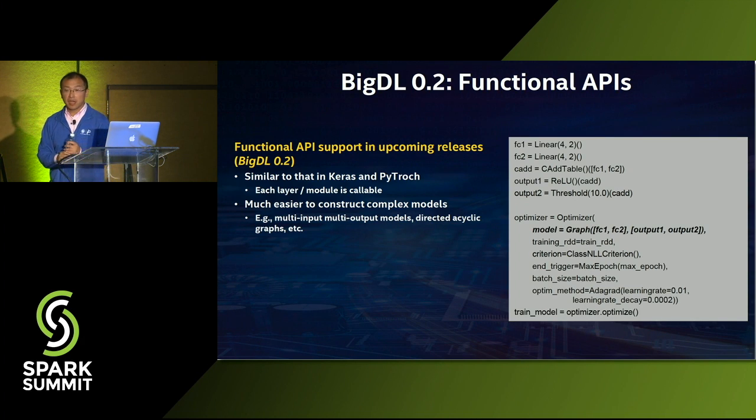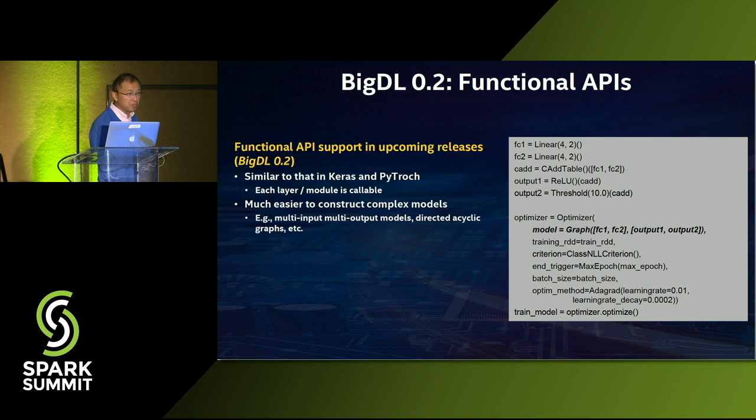As I mentioned before, we are currently working on BigDL 0.2, which will be our next major release. It will be available pretty soon. In that, we are introducing a functional API, just like those in Keras and PyTorch.